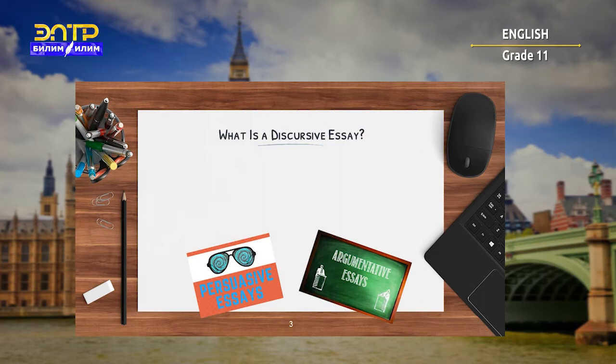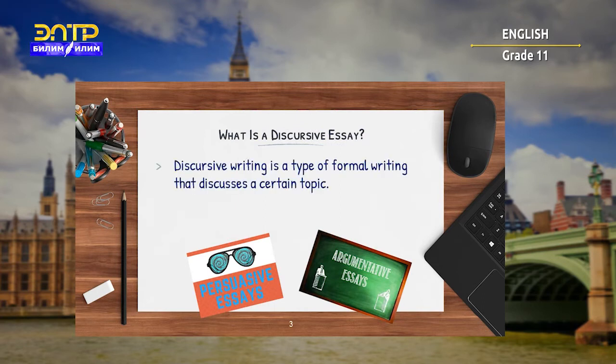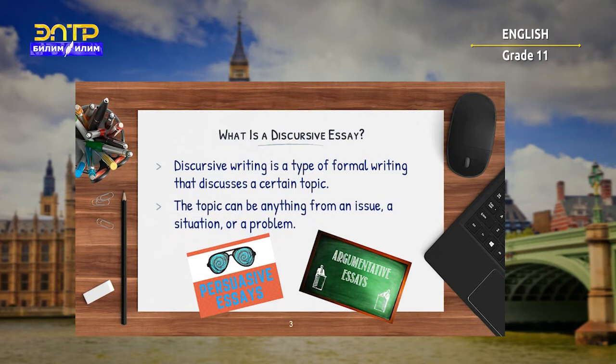Well, what is a discursive essay? It's a type of formal writing that discusses a certain topic. The topic can be anything from an issue, situation, or problem. For example, persuasive essays or argumentative essays.